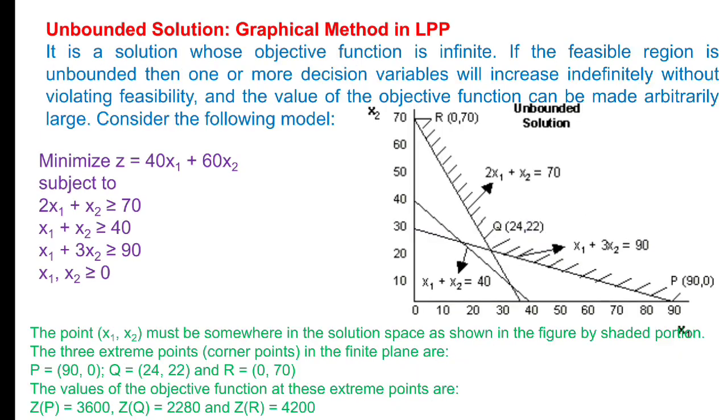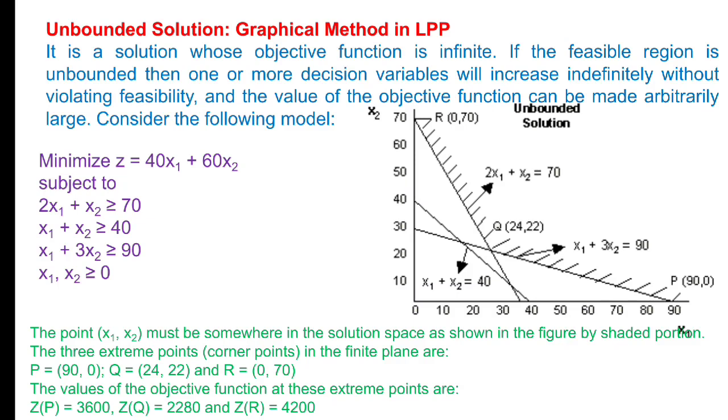Then unbounded solution. We are not able to bound it in the proper way. It is a solution whose objective function is infinite. That means everything is greater than, it keeps going on, but we cannot find it out.